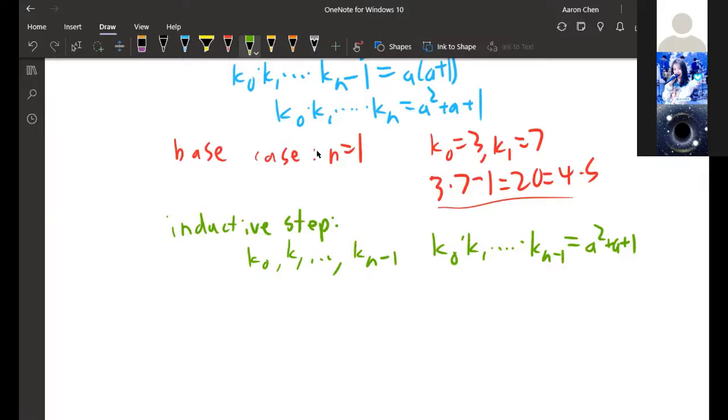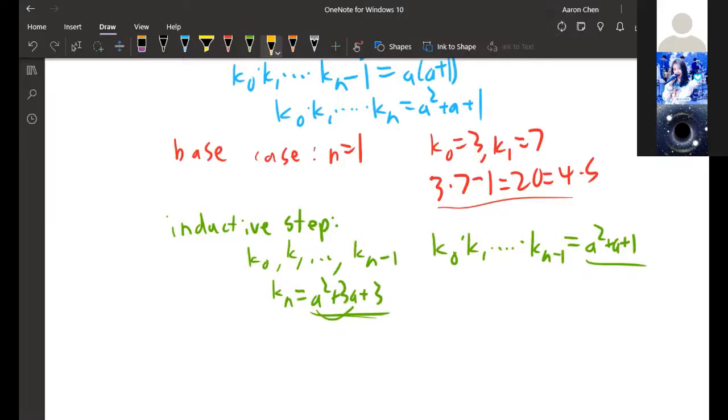And now, in this case, define kn to be equal to a squared plus 3a plus 3. First of all, this is clearly greater than 1, because a is definitely non-negative, and a non-negative number plus 3 is definitely greater than 1.